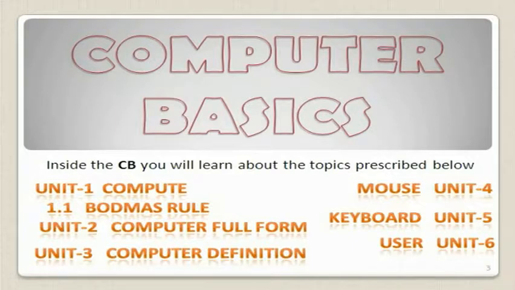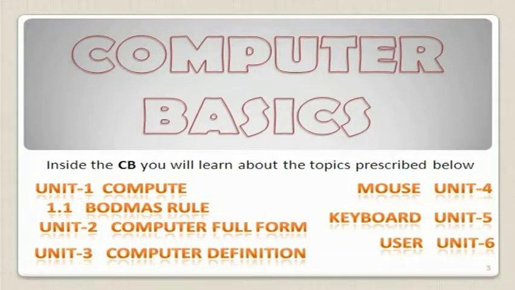The first unit is compute. The subunit is 1.1 Bodmas rule. Unit 2 computer full form. Unit 3 computer definition. Unit 4 mouse. Unit 5 keyboard. Unit 6 user. Here Unit 7 is available, but Unit 6 is up to our part.